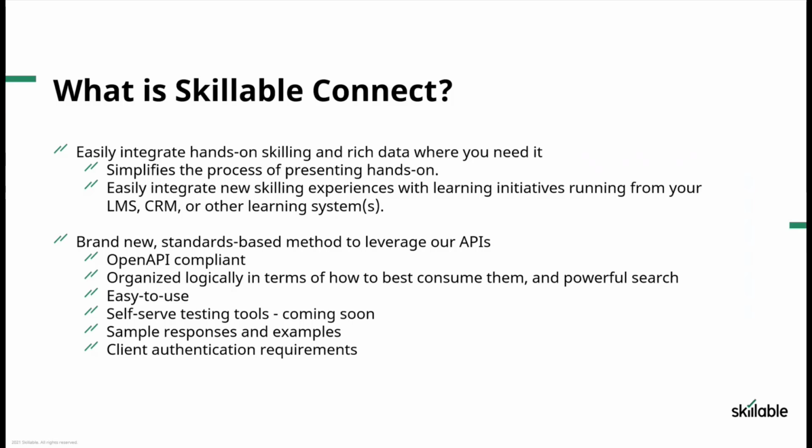Many times it's hard to understand what commands do I need and how do I interact? Do I need one command? Do I need two commands? That's where we want to integrate and standardize more on open standards. So when exposing APIs, we at Skillable have standardized on the Open API standard.